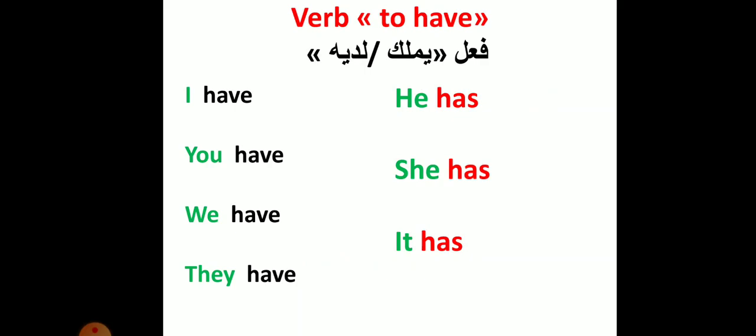It changes completely in he, she, and it, but it stands as it is in I, you, we, and they. So here we have I have, you have, we have, they have. Okay, it's the verb in the infinitive, but for he, she, and it changes completely. So we have he has, she has, it has.